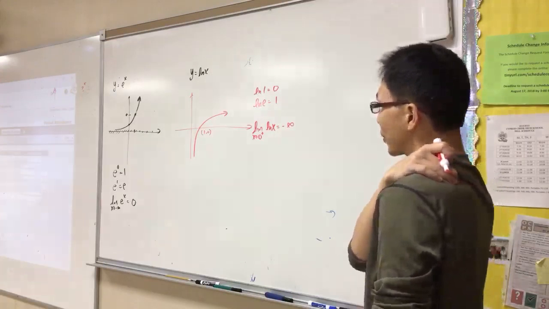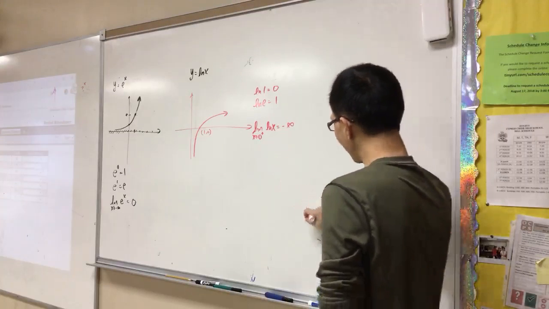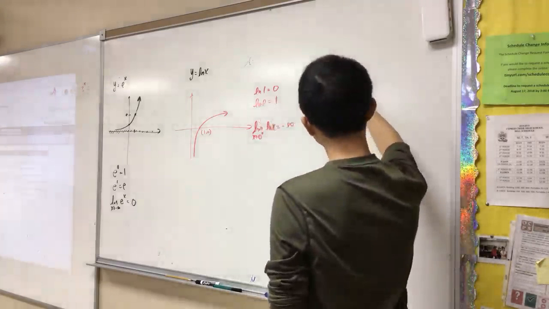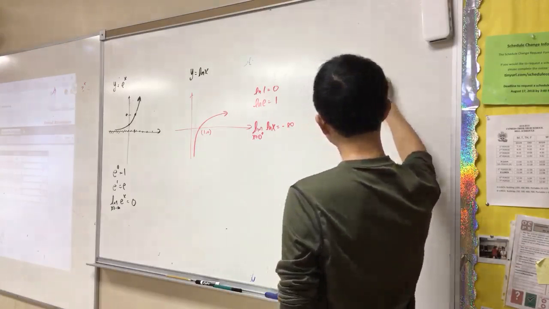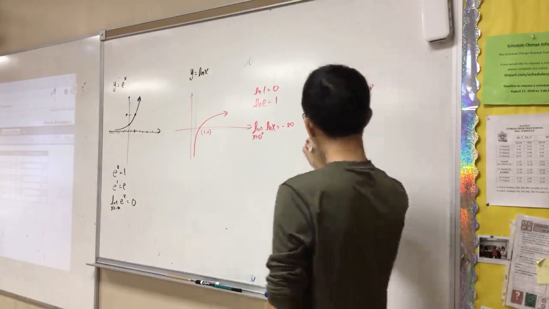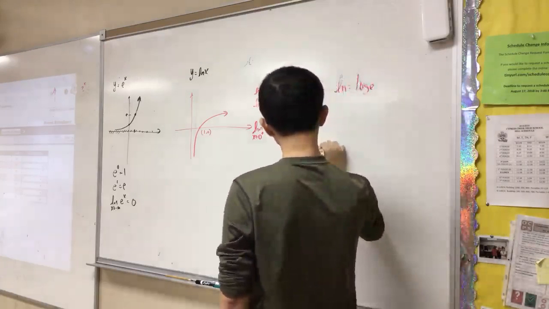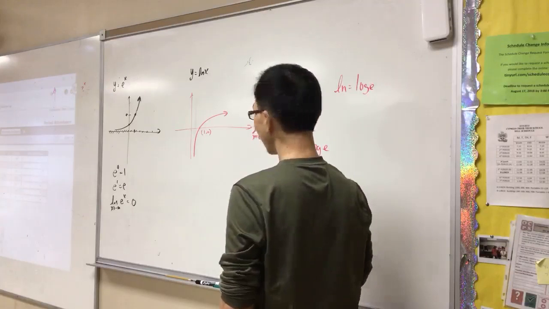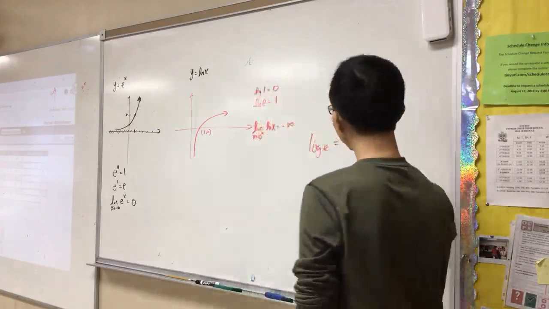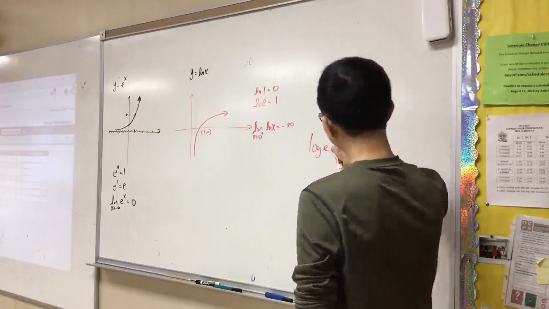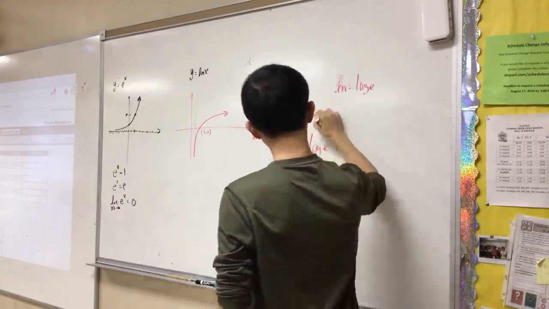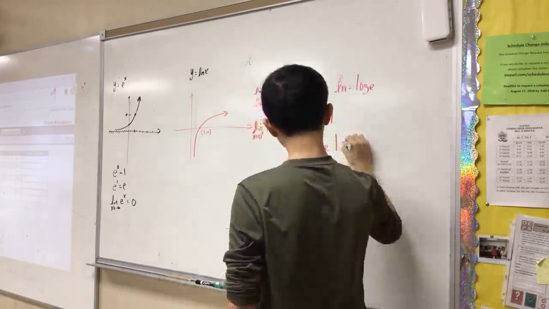Now what else do you have to understand? Because yesterday we talked about why natural log of 1 is equal to 0. We talked about natural log is equal to log base e, right? So what is log base e of 1? Same thing as natural log of 1, right?